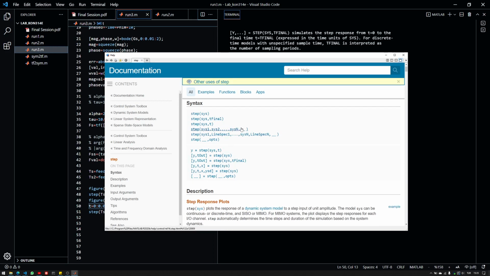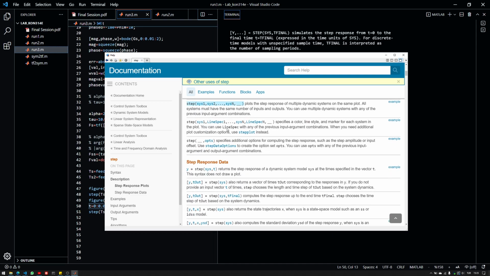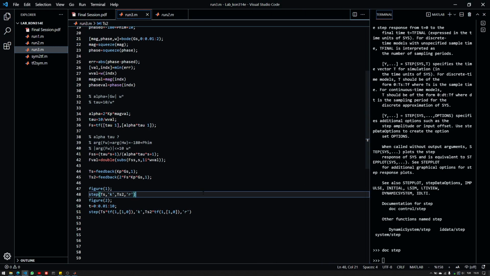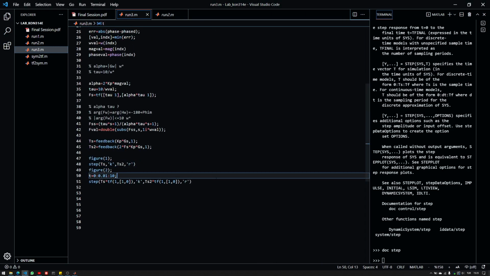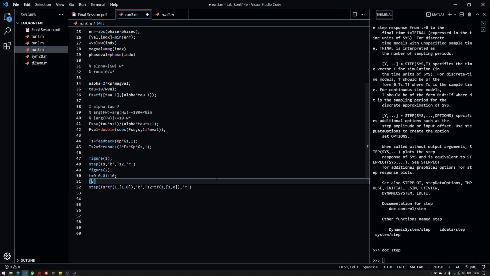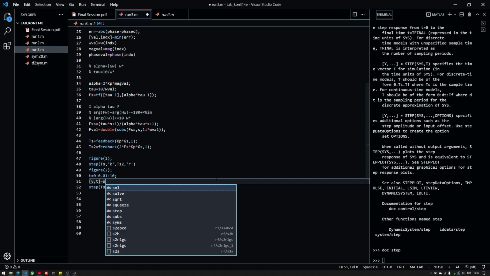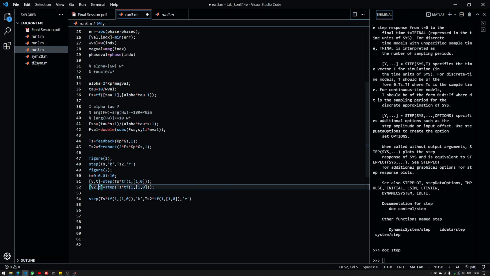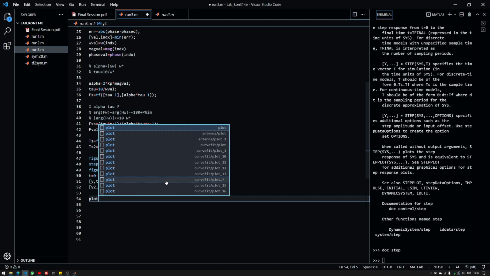So we can give multiple systems, but not time vectors as far as I can see it. So we have to do it manually. Let's do it. So y comma t should be equal to step of the following. And then the second output should be y2 and ts2. Plot.